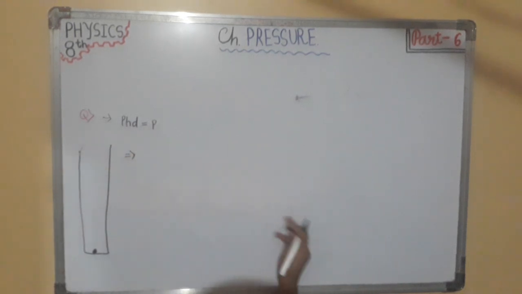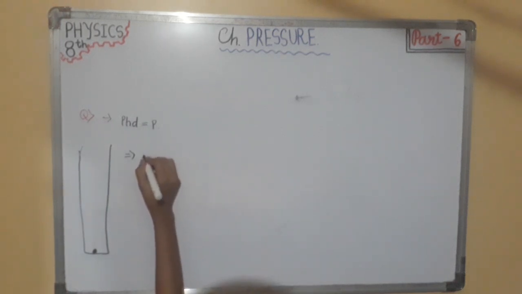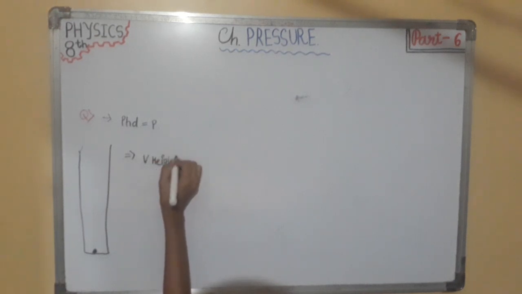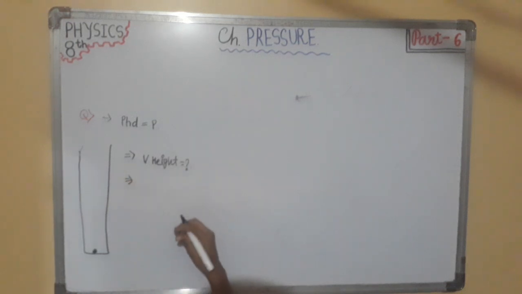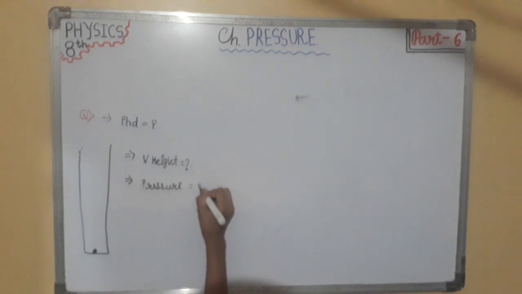Given is that we have to find, first of all, the vertical height, means depth. What is the height? Next given is the pressure of the mercury, 81,600 Pascal.